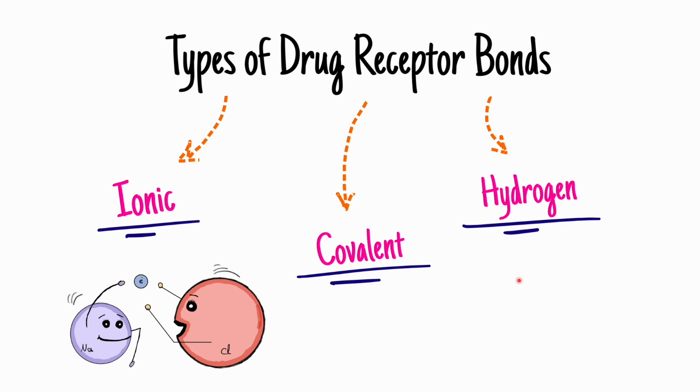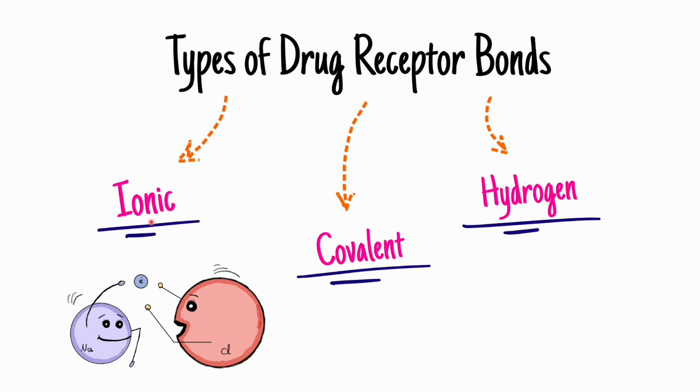And usually these drugs that use hydrogen bond as their mechanism of interaction with the receptors, their affinity is high. And affinity, as we have said, is the ability of the drug to interact with as many receptors as possible.